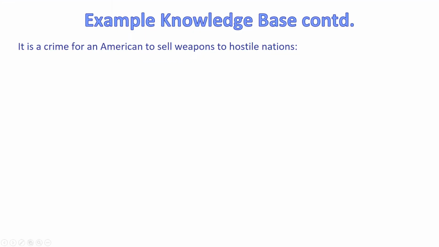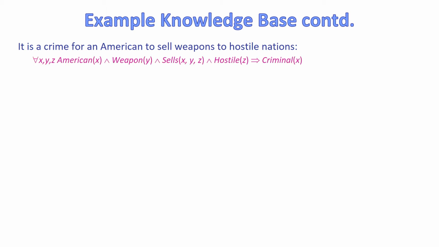We can say if someone is an American, and that American sells a weapon, which means that also there is something called a weapon, to hostile nations, then this person is a criminal. So there is a condition here and there is a conclusion.